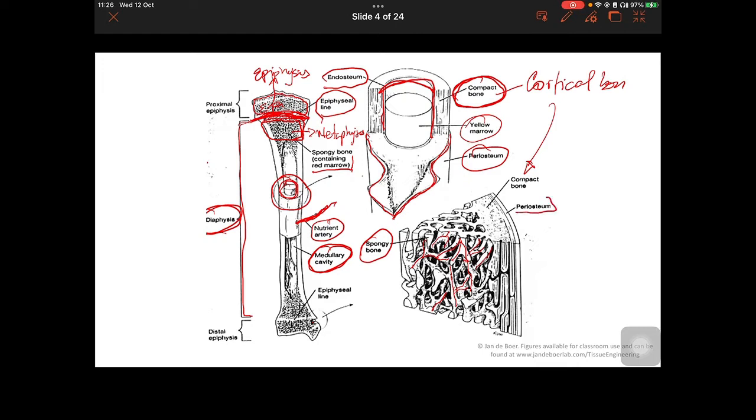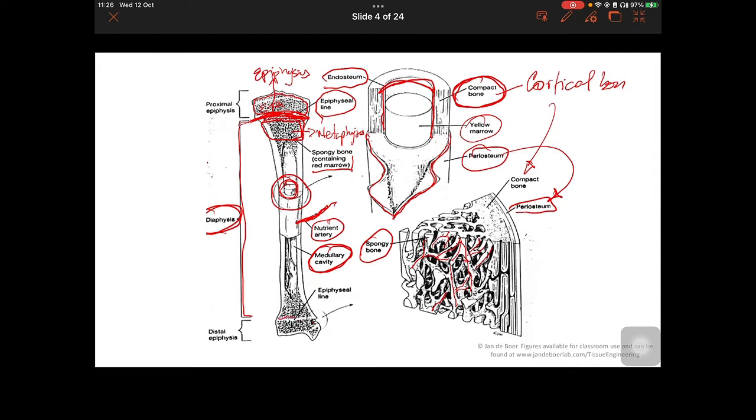And you can see here the periosteum, which we already discussed. So those are the different locations of the bone, where the epiphysis, metaphysis, and diaphysis are.